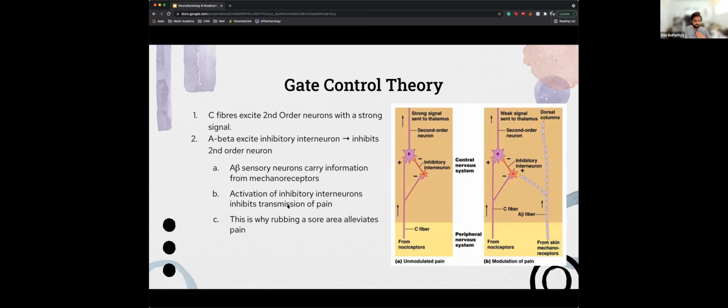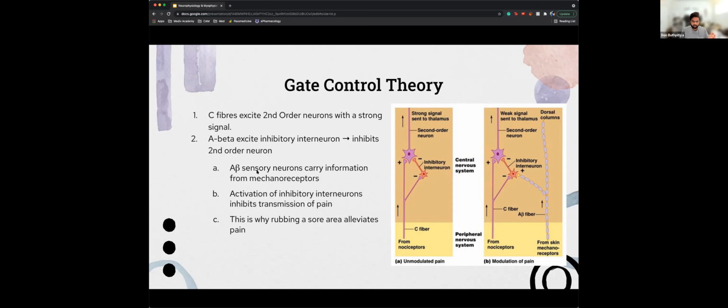Now, this might be a familiar thing that you have seen in first sem, the gate control theory. Our C fibers excite the second order neurons, and the A beta will excite inhibitory interneurons, and so you'll inhibit the second order neuron.